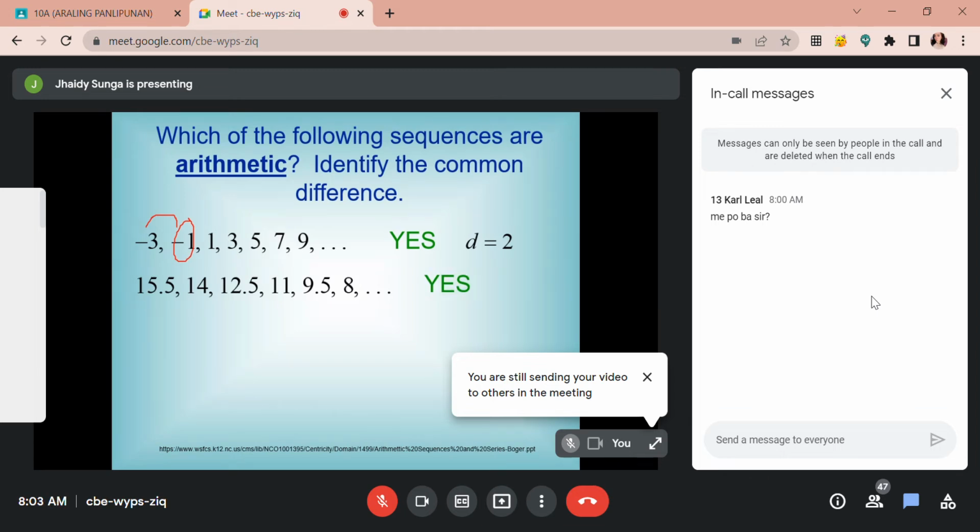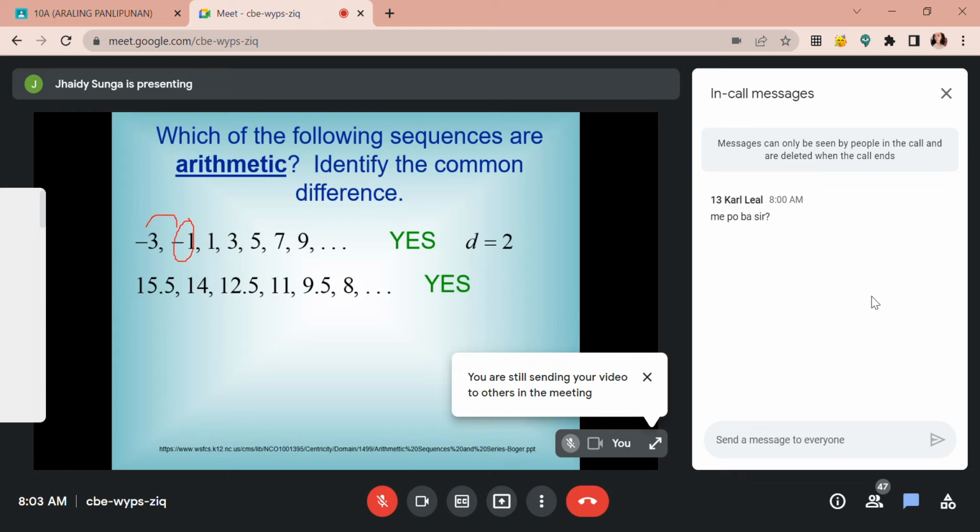All right. If we have 0.5, class, do you think 0.5 is right or correct? No, sir. Okay. Let me have your answer, Pauline De Luna. What would be the common difference? Again, class, don't be pressured.